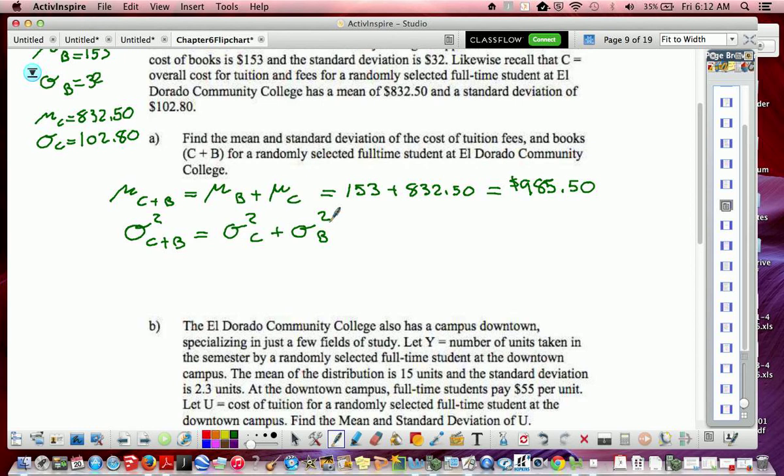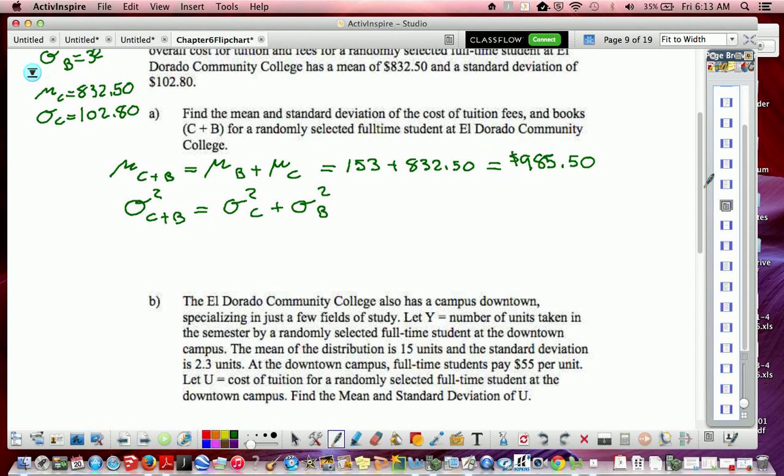Does the tuition, which is actually based on the number of credits you're taking, impact the amount you would spend on books? So in this case, it actually does influence it. So these two events are not independent.